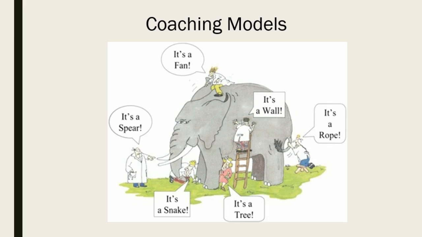So, this picture, you may have encountered in your courses or in your practica, shows that depending on your perspective, or where you're at in understanding an object or a situation, it might incur different results. In applying coaching models and understanding your client and their process of change, a caveat to remember is that you don't want to lose sight of the bigger picture, because you're only seeing the picture at the moment because of your respective disciplinary expertise.